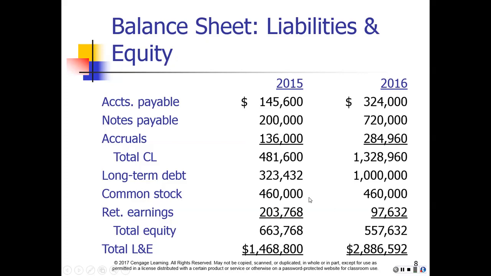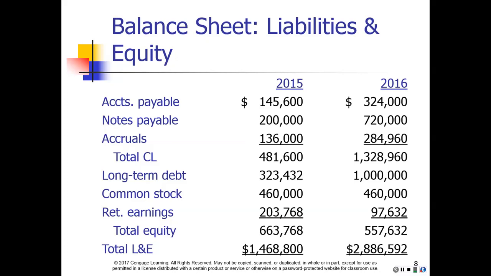No new shares of stock were issued because the common stock is 460,000 and it remains 460,000. But retained earnings is the amount of net income from the income statement that we don't pay out to shareholders as dividends. We keep some of that and can accumulate it over time to fund future investments.